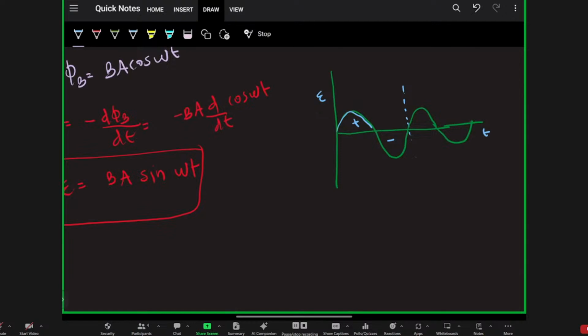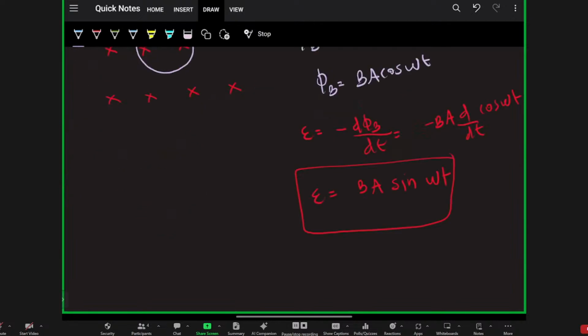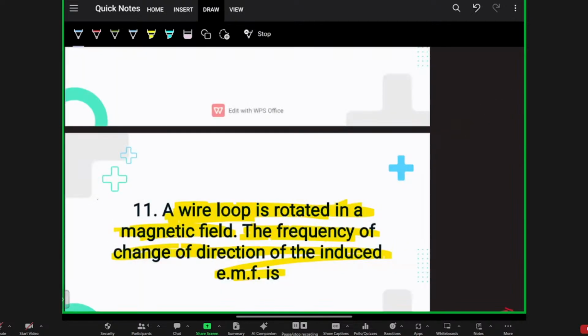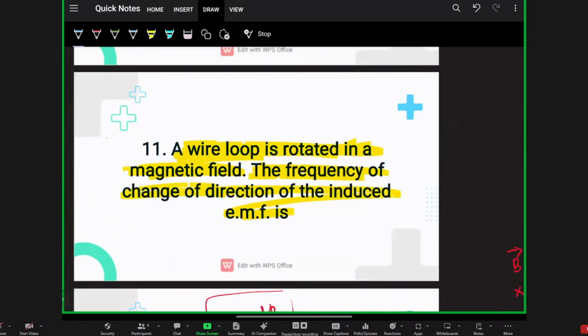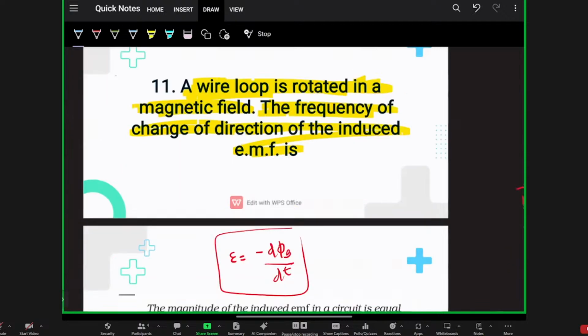So one change and another change. So for one cycle, the number of changes of direction of the induced EMF is 2.